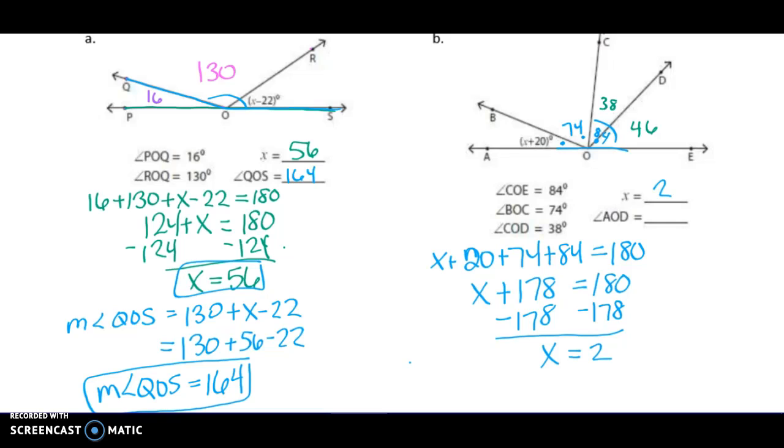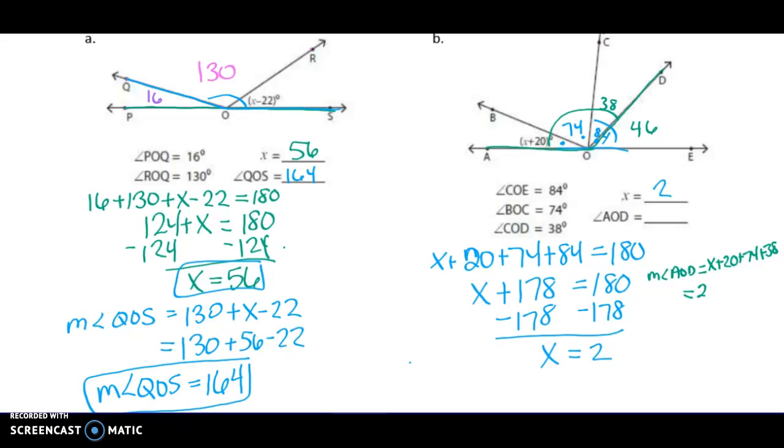And then for the last part, determining what is the measure of angle AOD. Alright, so then it's these three. So the measure of angle AOD is going to be the X plus 20 plus 74 plus 38.